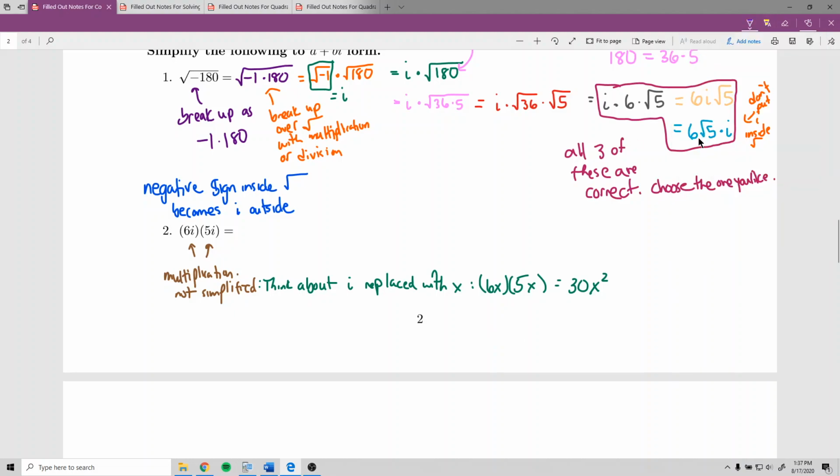You do the same exact thing when you have i. So 6 times 5 is 30, i times i is i squared. The very important thing about complex numbers is you never want a power of i, except 1. But we can simplify this because i squared is -1.